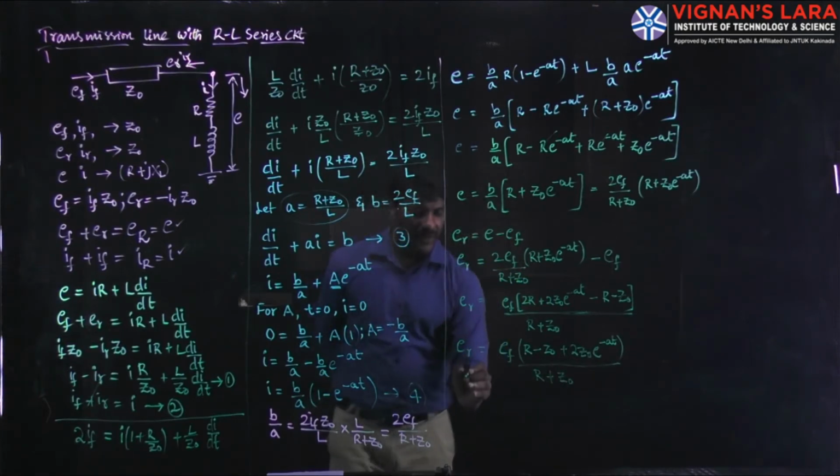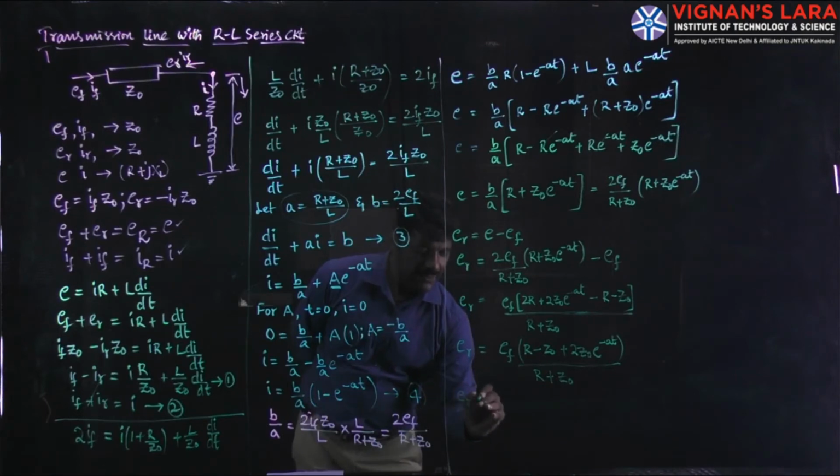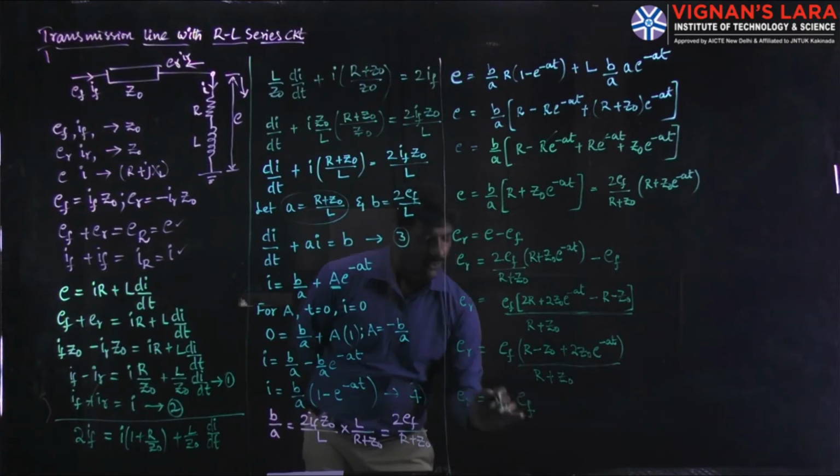So it is in the form of ER is equal to rho v times EF, where this rho v value is this fractional value.